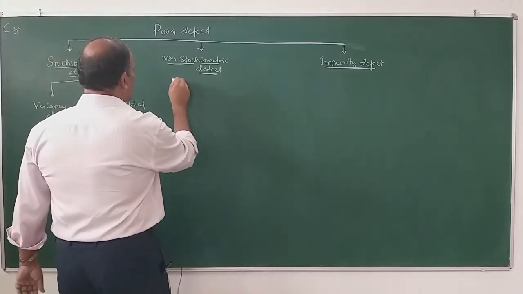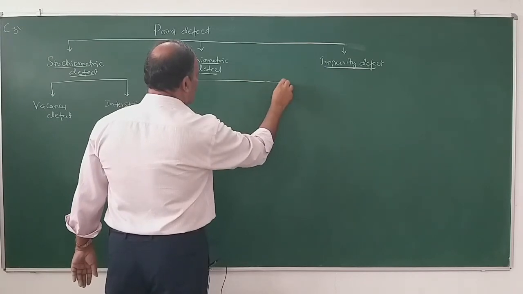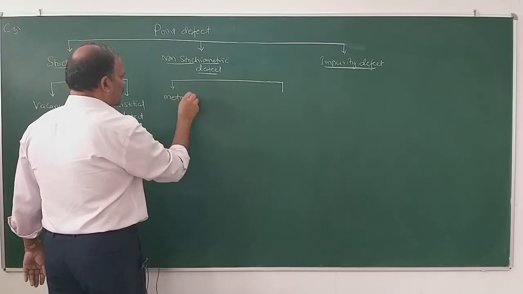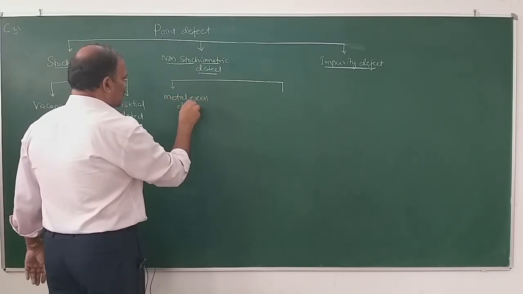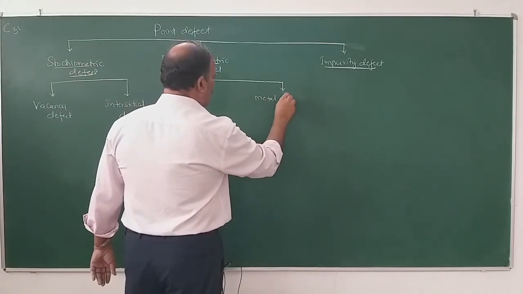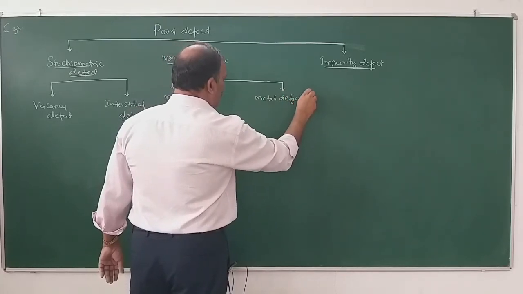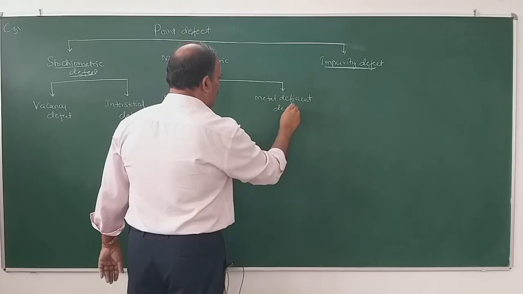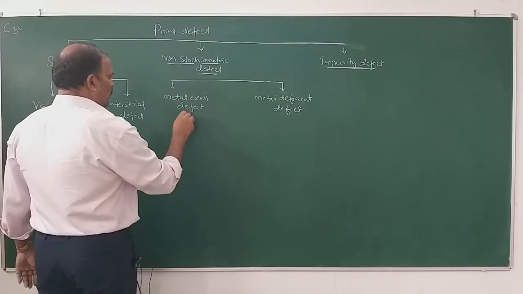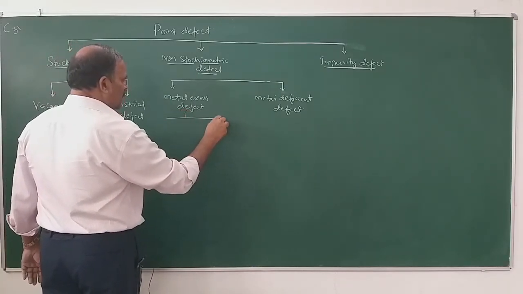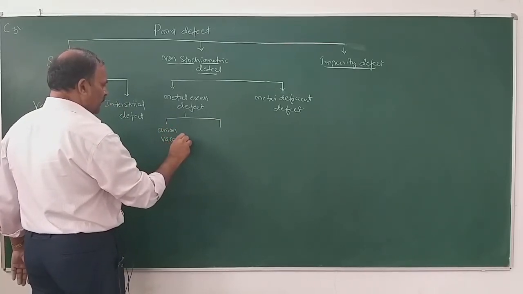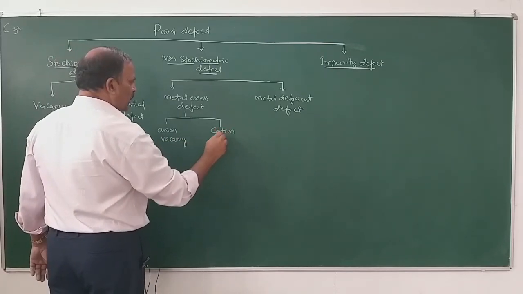In non-stoichiometric defect, there are two types mainly: metal excess defect, metal deficient defect. Metal excess defect and metal deficient defect. So in metal excess defect, again there are two types: anion vacancy, cation excess.